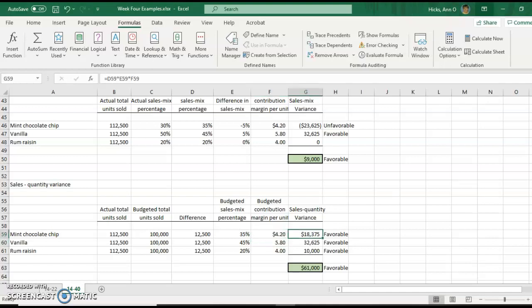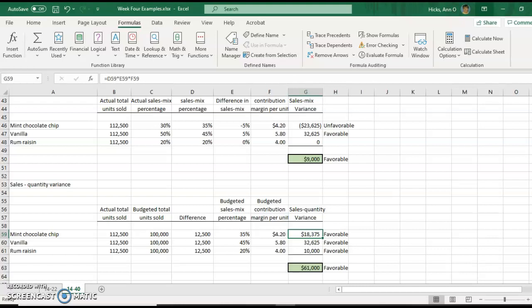And the sales quantity variance is the product of those, the difference in sales times the budgeted sales mix percentage times the $4.20 for the mint chocolate chip. And for each one of these, notice it's going to be favorable because in all instances, well, we sold more.